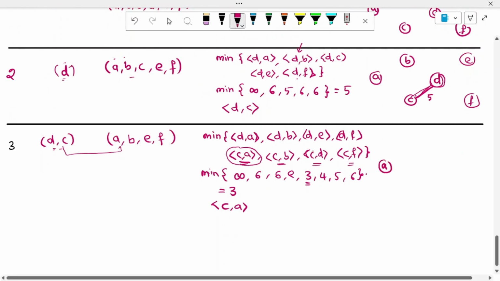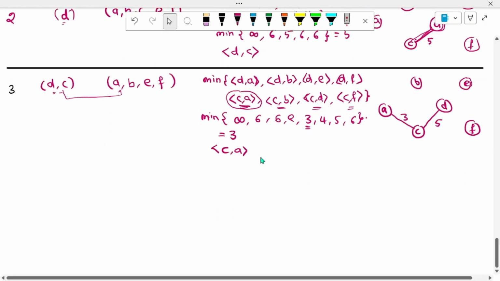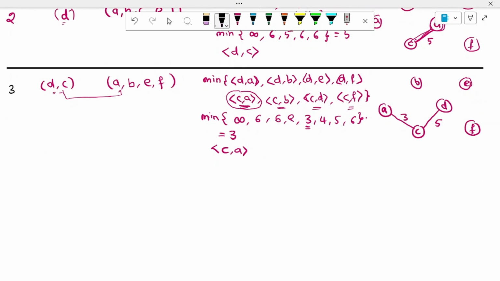A, then B, C, no, it is E. I don't know why there is a confusion between C and E. D, and then F. Write all the edges, and here I have got first visit, the second visit is here, 3. Right, now we'll go for the next step.